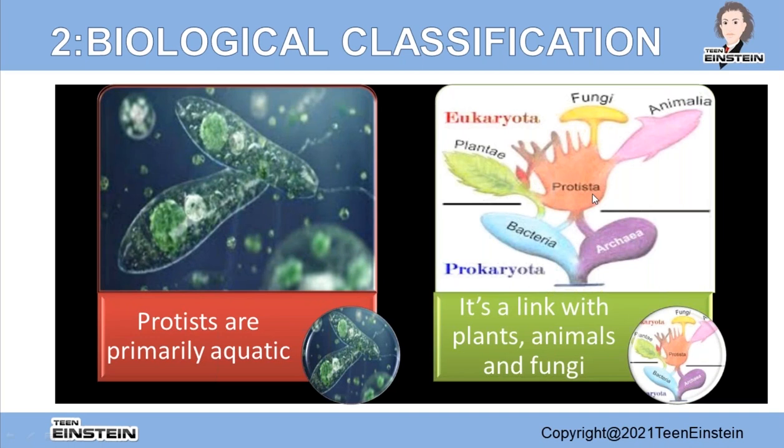And next, here you can see kingdom Protista. Kingdom Protista is the link between Monera and other kingdoms. It is coming in the middle of all these kingdoms.